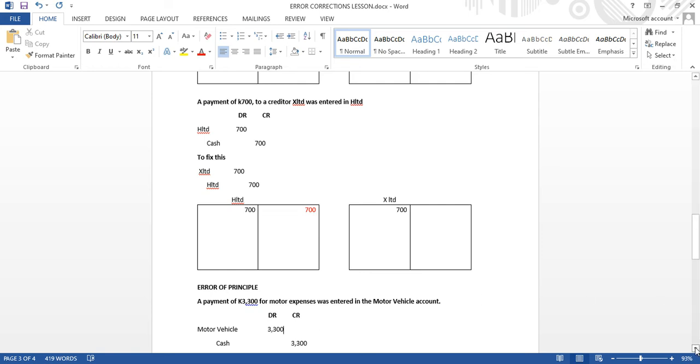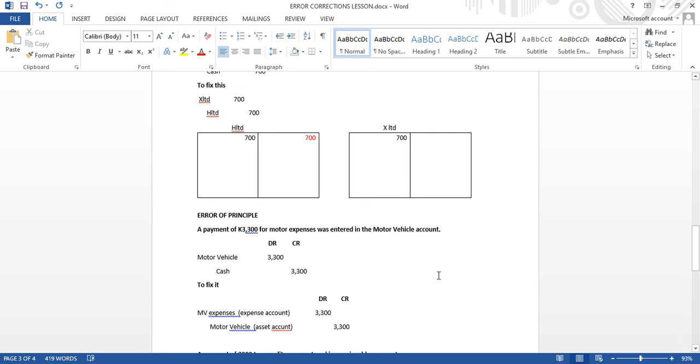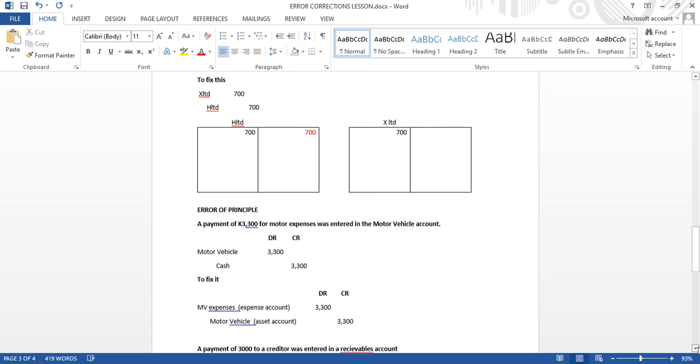Same format, just that this time you've put it in the wrong type of account. That removes the amount from the motor vehicle account, and you debit the motor vehicle expenses account 3,300.